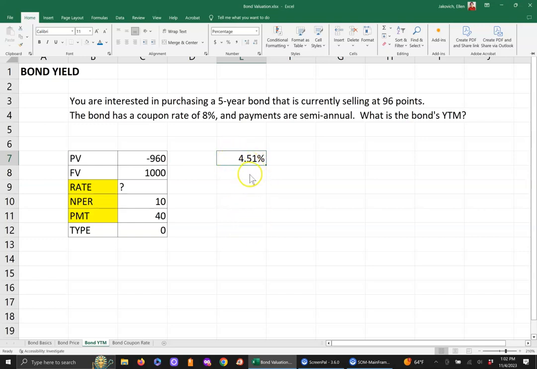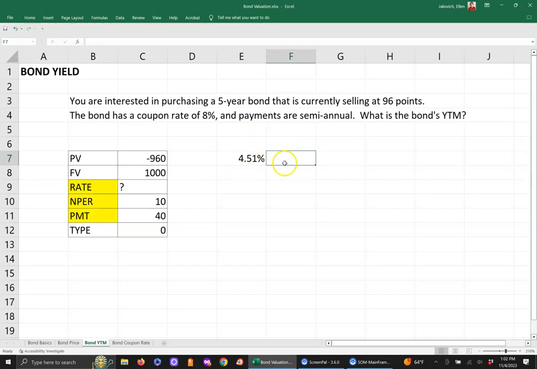So, what did we just solve for? We solved for a semi-annual rate. So that's not our real rate, is it? Rates must be expressed in annual. So the real answer to this is double that.